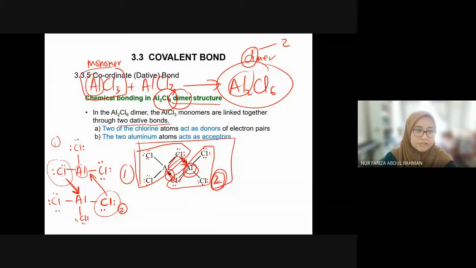The chlorine is donating one of its lone pairs to form the dative bond with aluminium, the second molecule of aluminium. Itu yang penting. But it's good if you could draw this kind of structure of dimer.